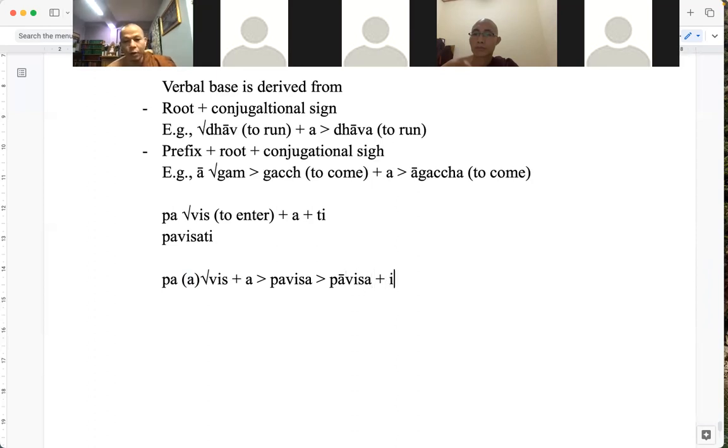Now for the past tense plural, we have pavisiṃsu. That is why before the root the ā is optionally inserted. Yes, but for the past plural, only pavisiṃsu, so ā is not inserted.